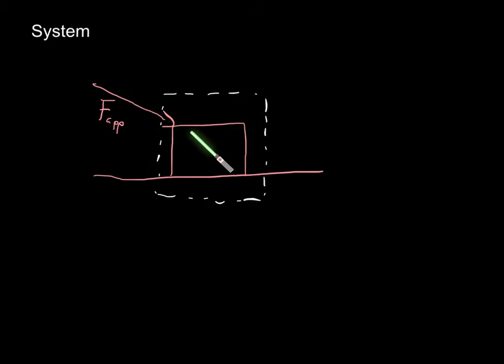So that's where work is really important, because work is our way of transferring energy between the system and its surroundings. So inside the box would be the system, outside the box would be the surroundings, and work is our way of going back and forth between the two.